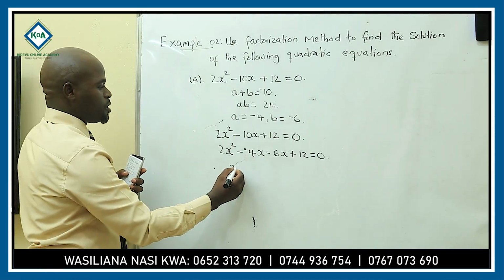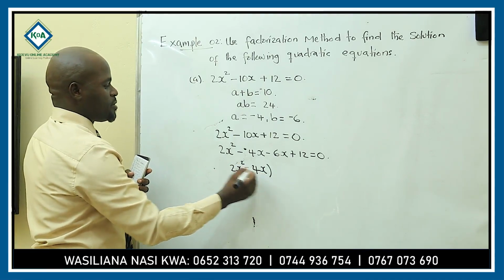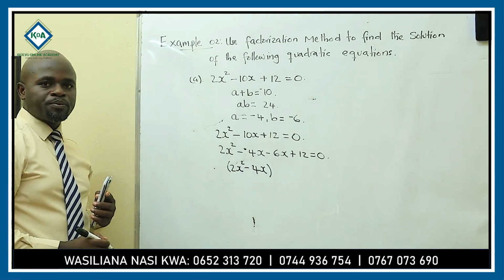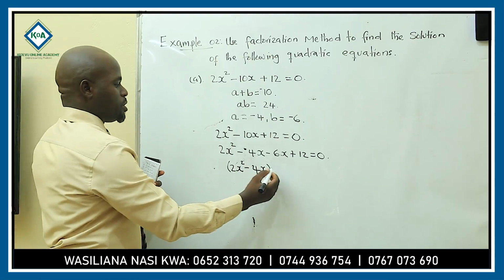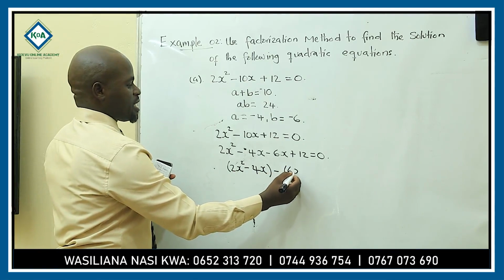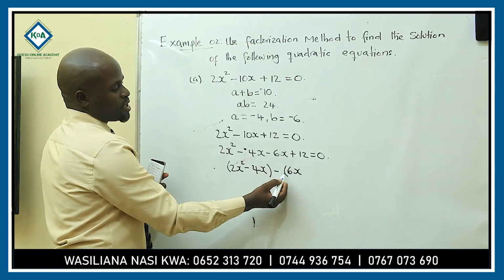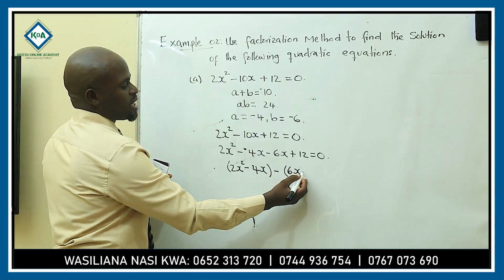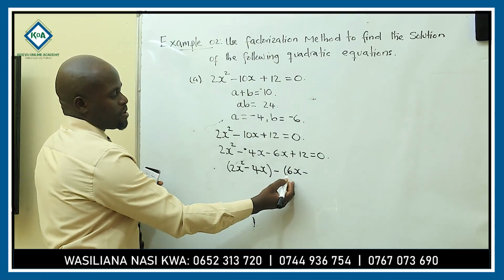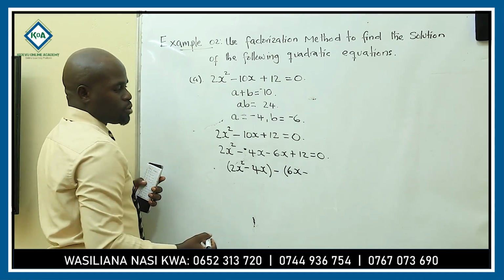The first group will be 2x squared minus 4x. The second group will be negative 6x plus 12, but because this is plus, the sign outside the bracket must be negative, so that when you open the bracket, negative and negative give positive.